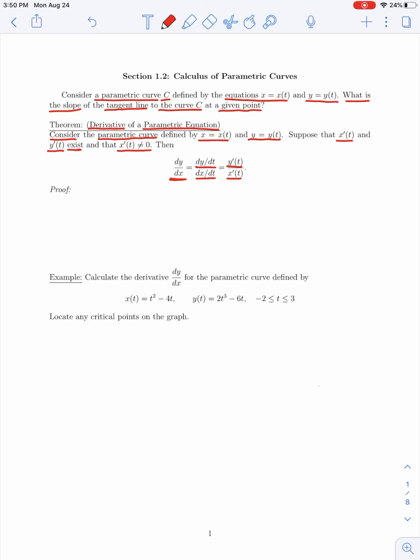This result follows directly from the chain rule from Calculus 1.